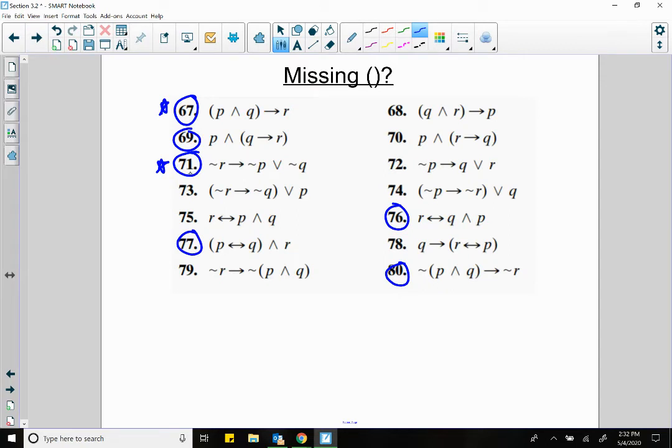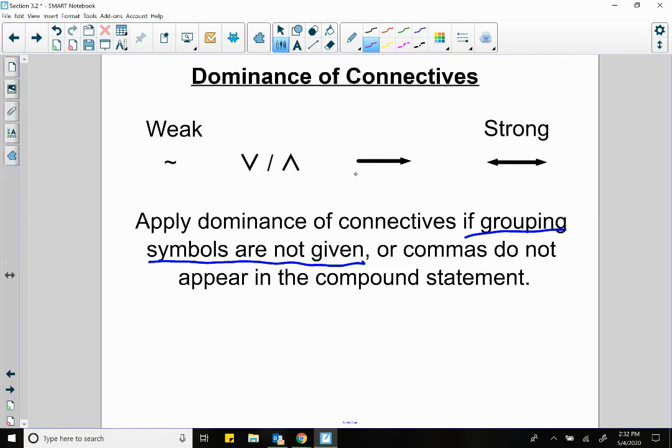So when you look through 71 here, who is the strongest symbol? How I notate the strongest symbol is I put a star by it. That is the strongest symbol. Out of the three symbols we have, negation, an or, and a conditional, if you go back here, conditionals are the strongest.